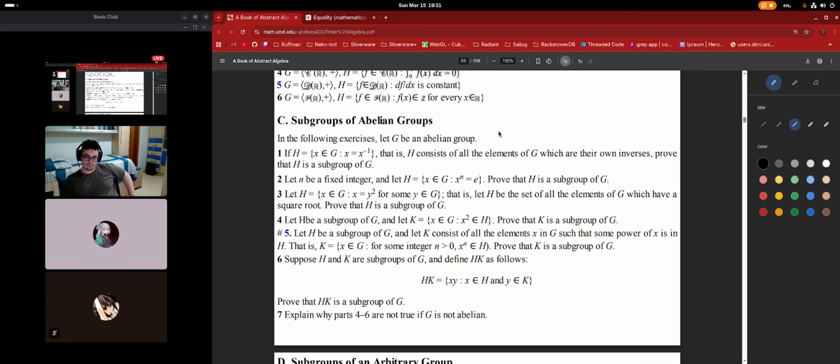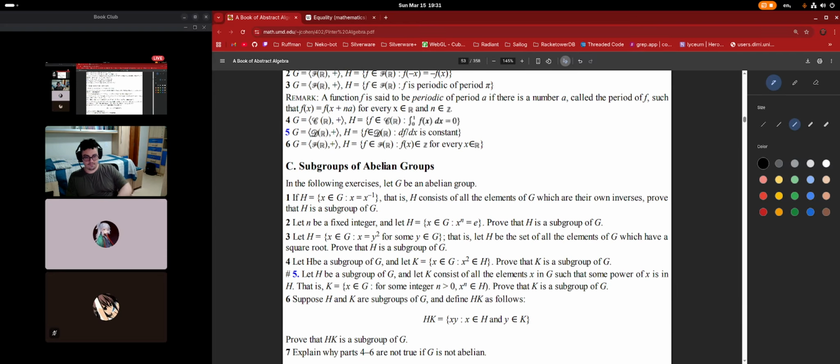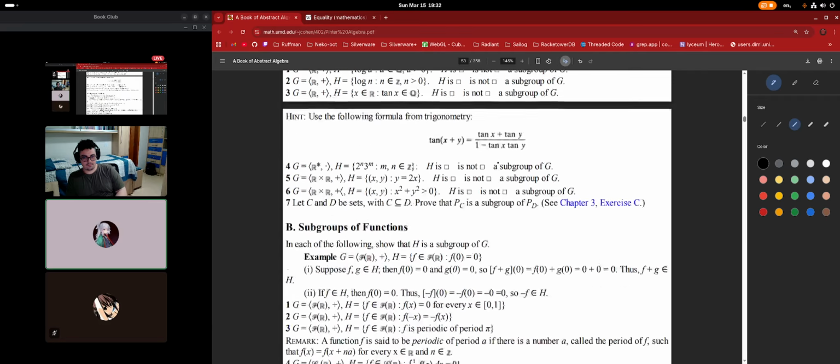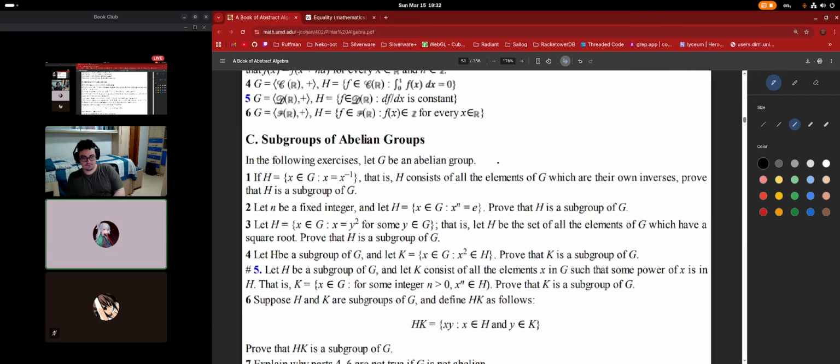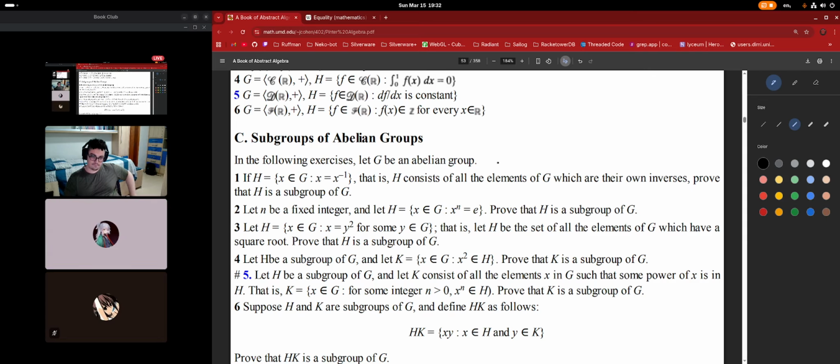And then using the same argument from C1. Yeah, I actually wrote this down. I don't think you need induction to prove this one. But yeah, you can prove it that way. It's kind of annoying, but it's pretty straightforward actually.